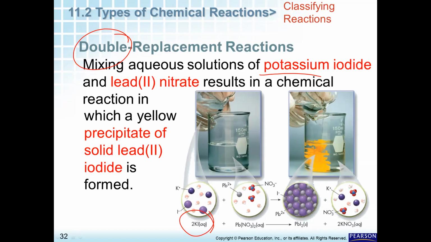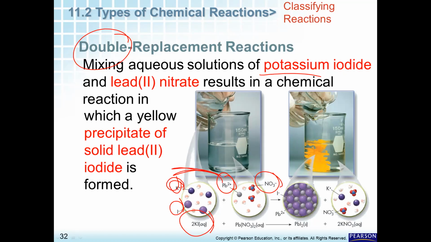So that exists as Pb2+ and NO3−, and this is I− and K+. That's the way they actually exist in solutions. So if I want to write the equation, I can write it in ionic form. We are coming to that, God willing, in the next section, which is how to write an equation in complete ionic form. Now, what is going to happen? These are the ones where the replacement happens.